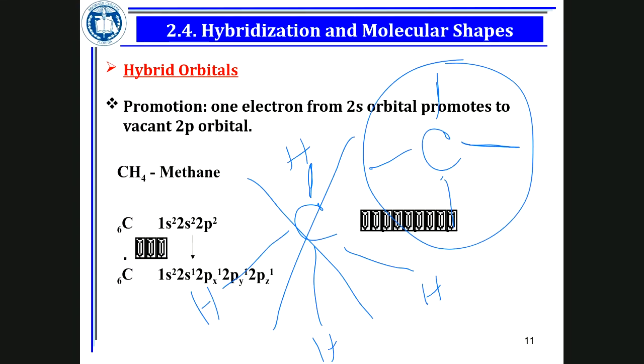So I'm going to use the same space here to show how a hybrid orbital is going to form. What made people look for a solution, the concept of hybridization, was this difference in length.